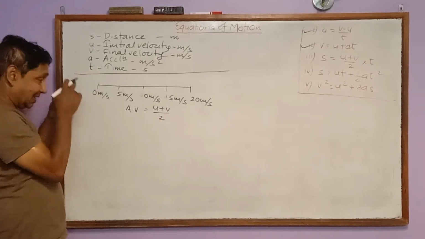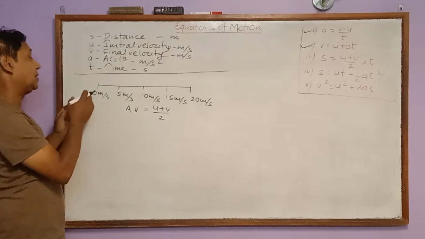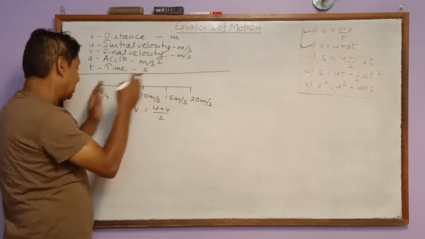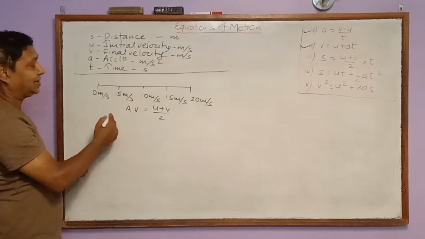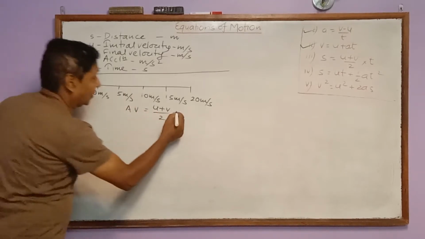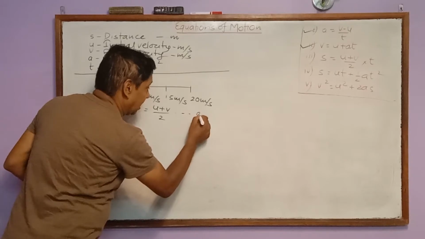In this particular case, initial velocity is 0, final is 20, and if 0 plus 20 is divided by 2, then what we get is the average velocity. Now I want to name this equation as A.